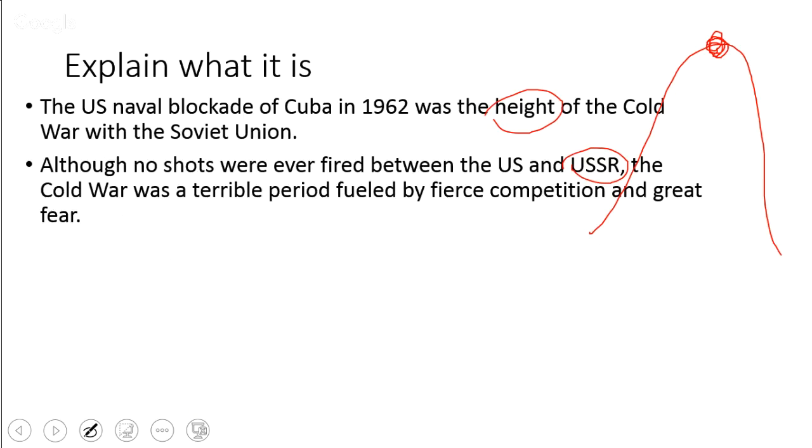The Cold War was a terrible period, fueled by fierce competition and great fear. So, do you still remember why we say Cold War? Cold War means there's no fighting happening between the two superpowers. But it was really scary because first of all, they were competing.